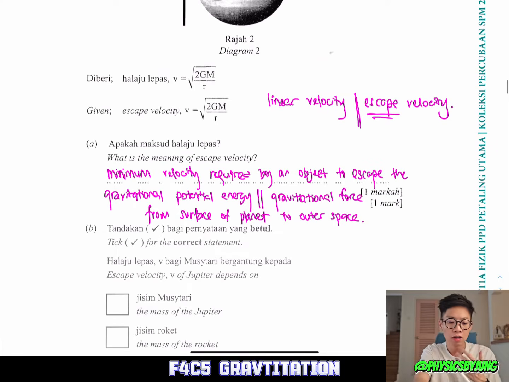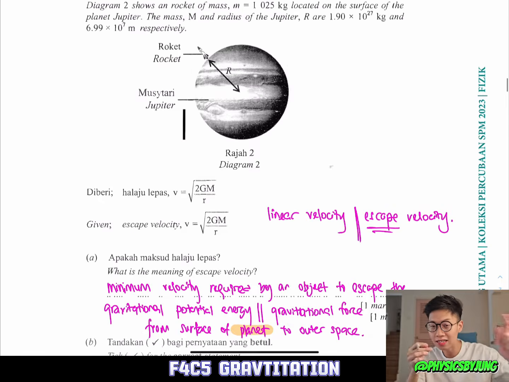Remember, try not to write Earth because it could be any random planet. So in this question, this is your Jupiter.